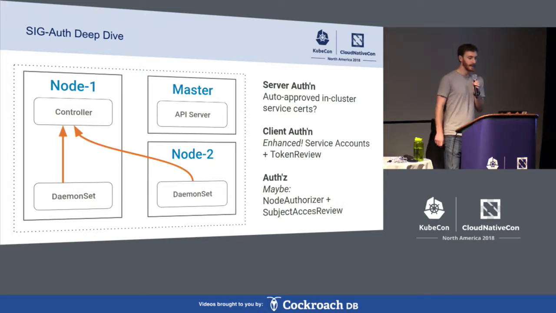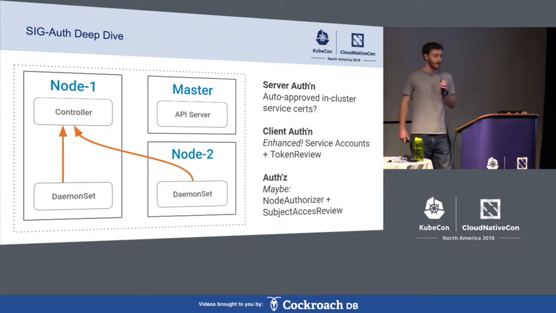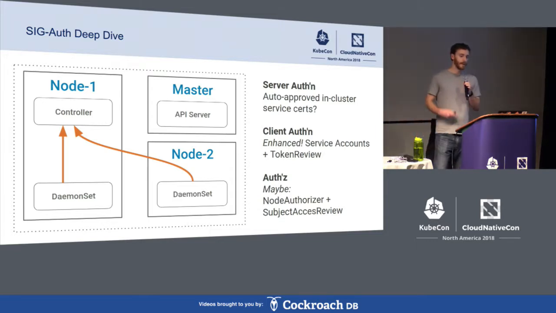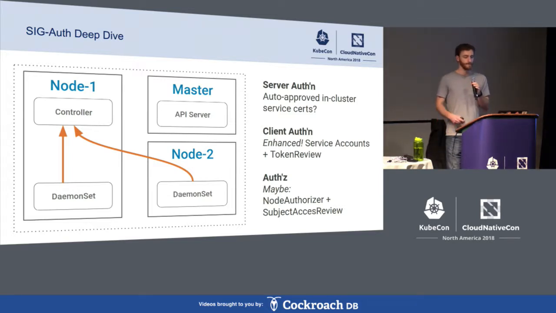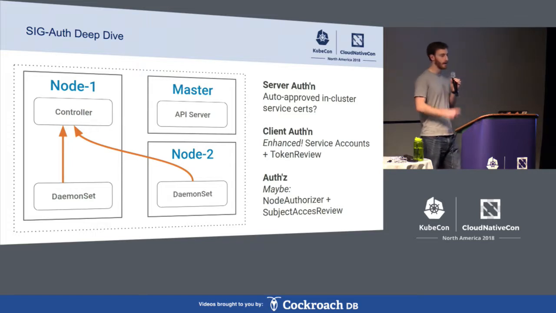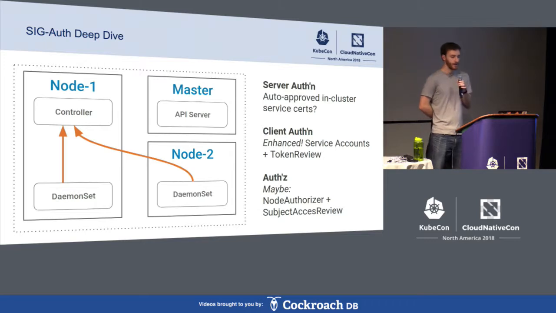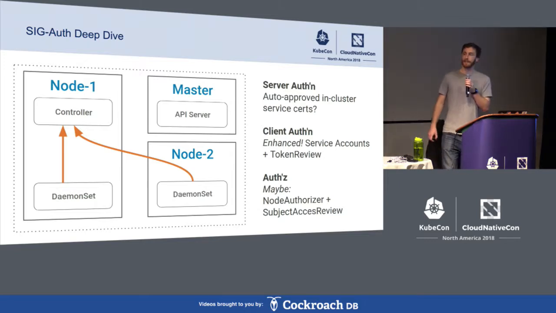And then finally, for the daemon sets to talk to the controller, again, we have this kind of auto approval flow for certs potentially, but here we probably don't want a per pod certificate. We would want a service certificate. So trying to figure out some way of auto approving that with the service account identity. Client authentication is mostly solved with per pod identity and token review.